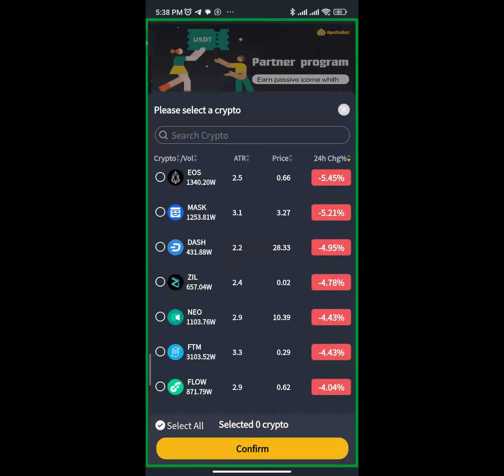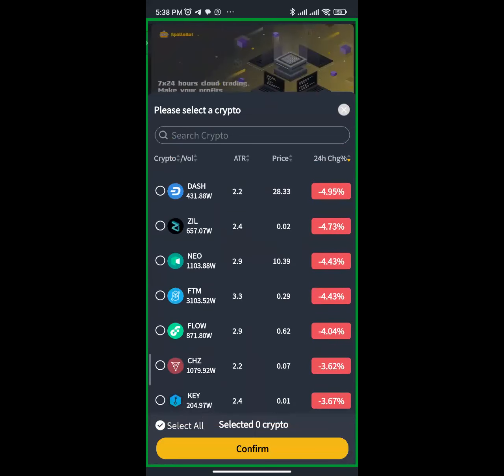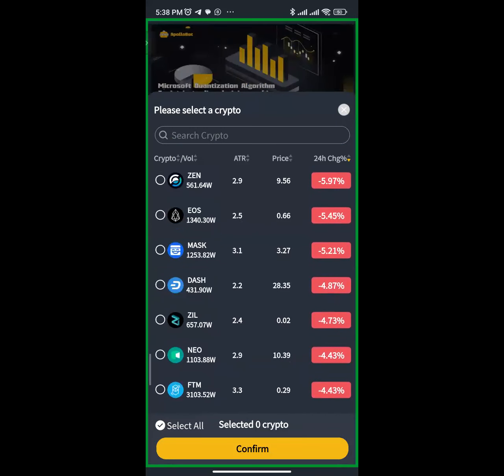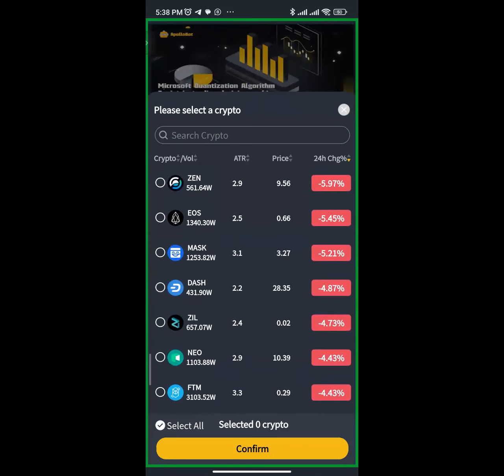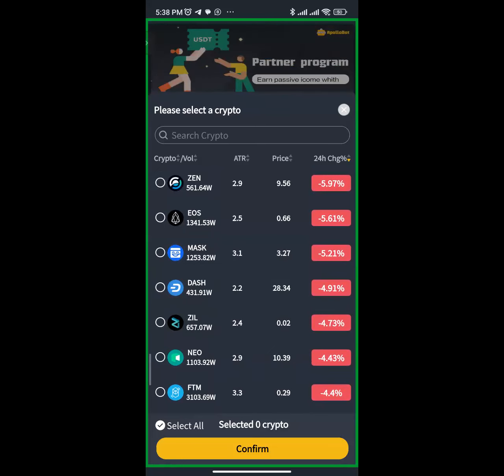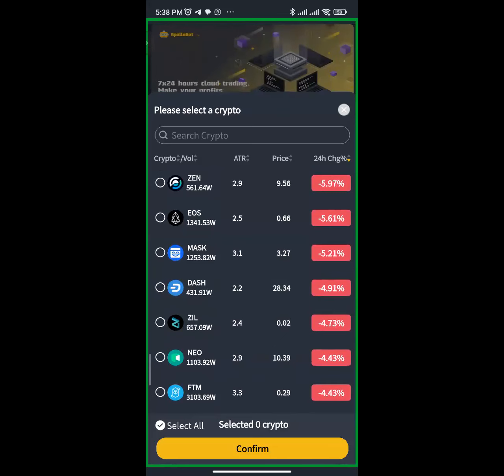So I can come here and pick, okay, you can see FTM, CHZ. I can pick 1 or 2 coins. All right. So with your $100, please do not do more than 1 coin. I beg you. Do not do more than 1 coin if you want to make so much money. Personally, with $1,000, I could do like 3 coins or 2 coins if possible.